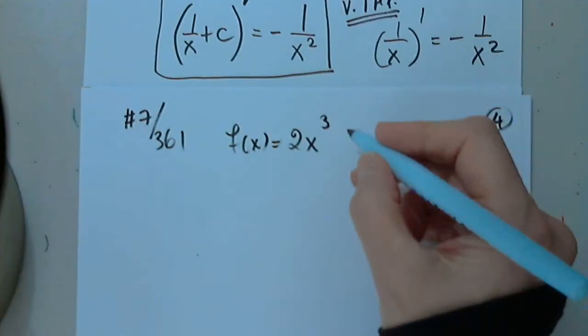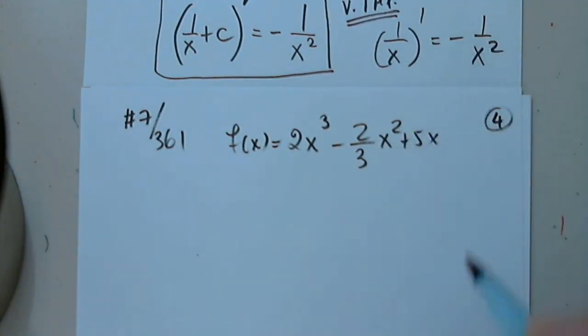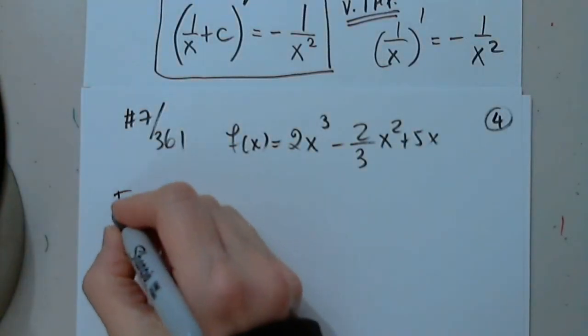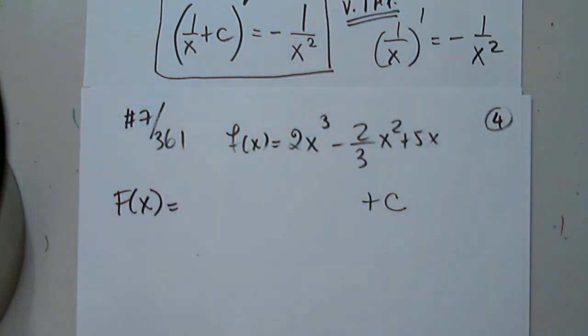2x to the third minus 2/3 x squared plus 5x. And the question is asking us, find the most general antiderivative of this function. Since the notation is f of x, which notation will I use for the most general antiderivative? Capital F. Very good. And I'll have plus a constant c.